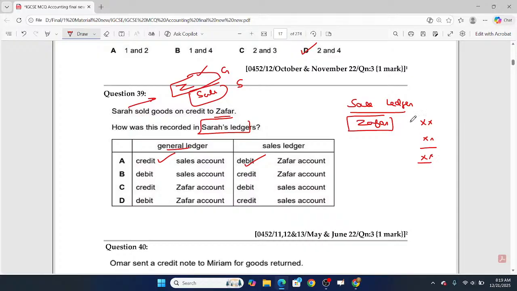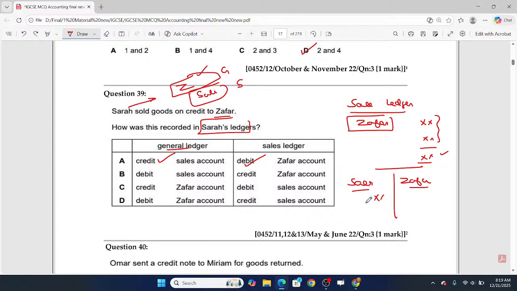How do you post in the sales ledger? Whatever the amount you posted here will go to where? Sales account as well as Jafar account. You can imagine this way. The total will go to the sales account, on the credit side.